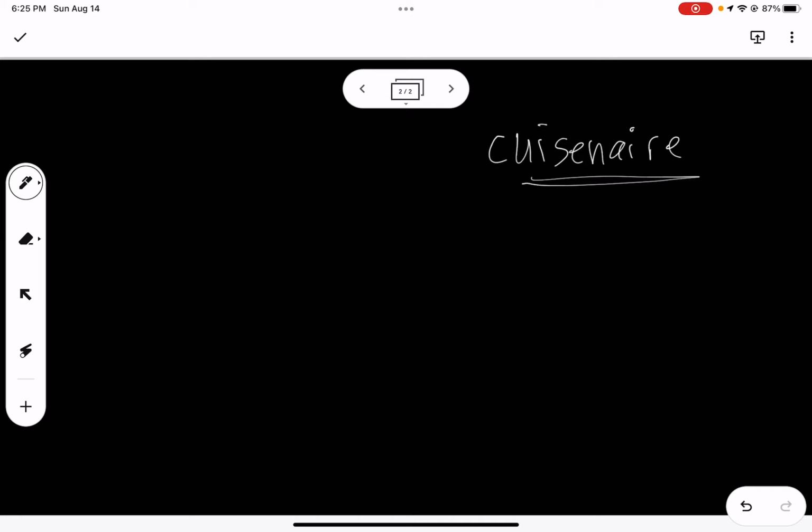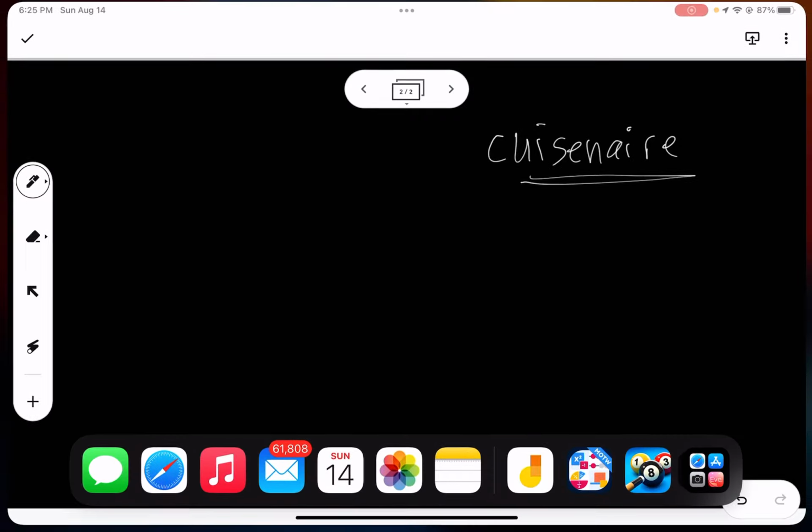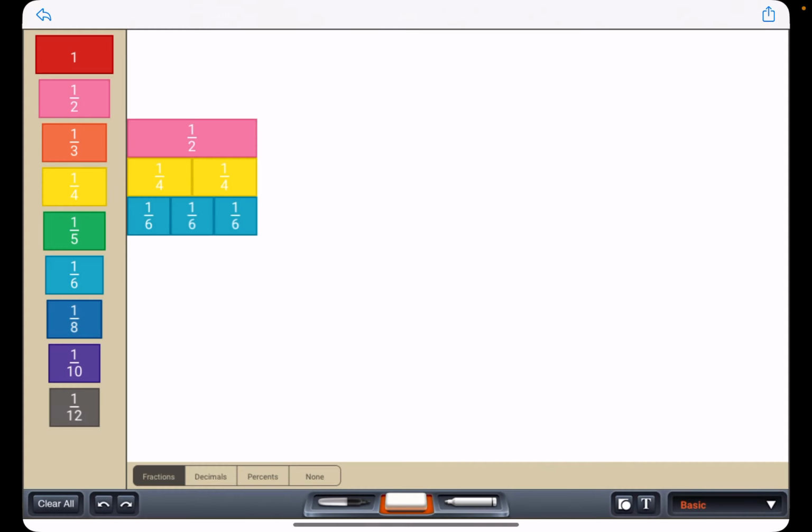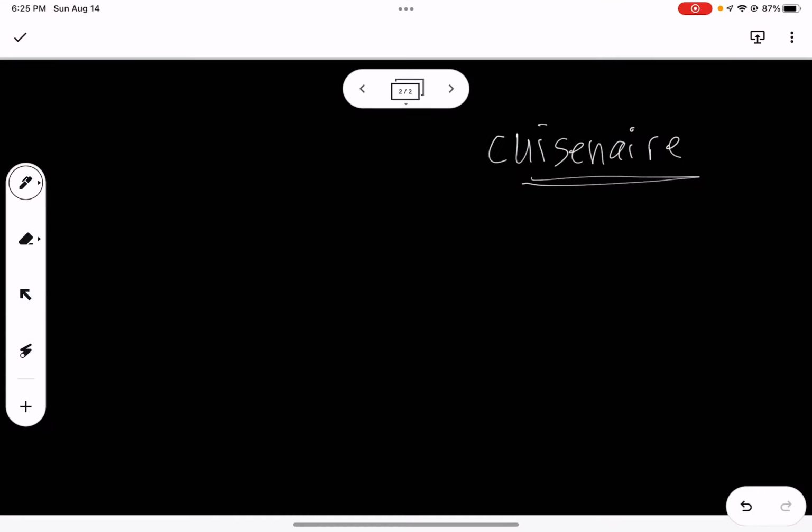You can use that and you can use Braining Camp. But the point is to understand that if these blocks are the same size all together, then these are our equivalent fractions. So I can go back to the board here and we can say, here are our equivalent fractions.